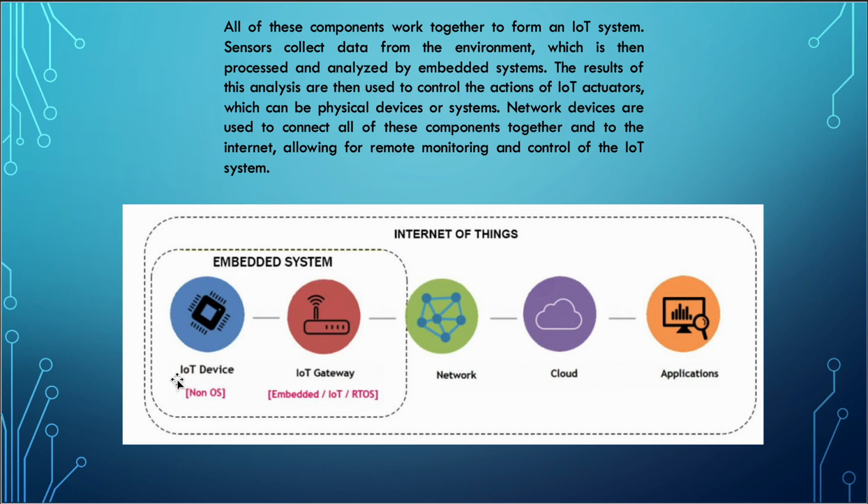The embedded system would have IoT devices, then it will have IoT gateways. Most of the time, if you take embedded systems, the network component and the processing component come on one motherboard itself. If you have seen a Raspberry Pi or an Arduino, this is visible to you.